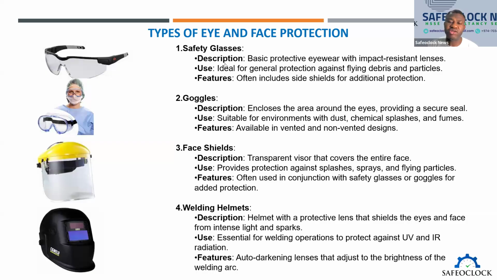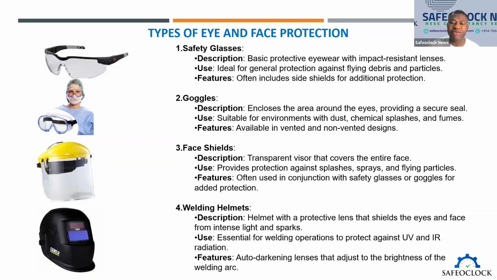A face shield usually has a transparent visor that covers the entire face, and is used for protection against splashes, sprays, and even flying particles. So we use it most times in conjunction with safety glasses or goggles for added protection.